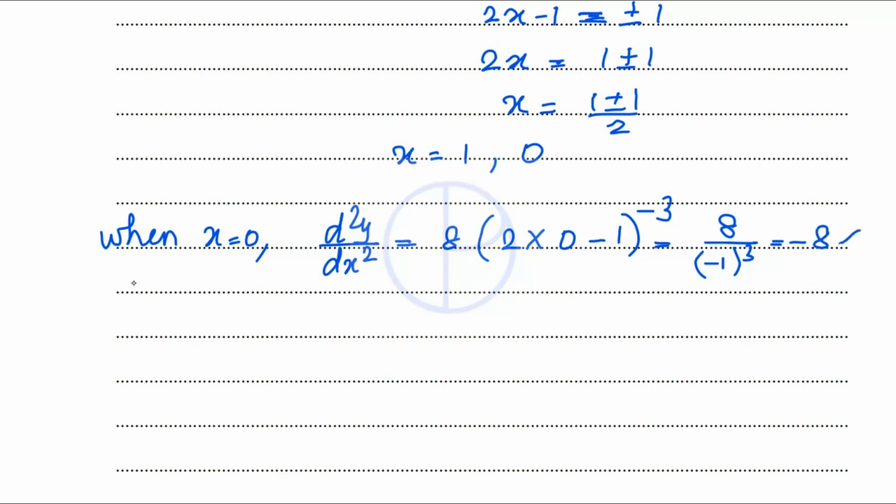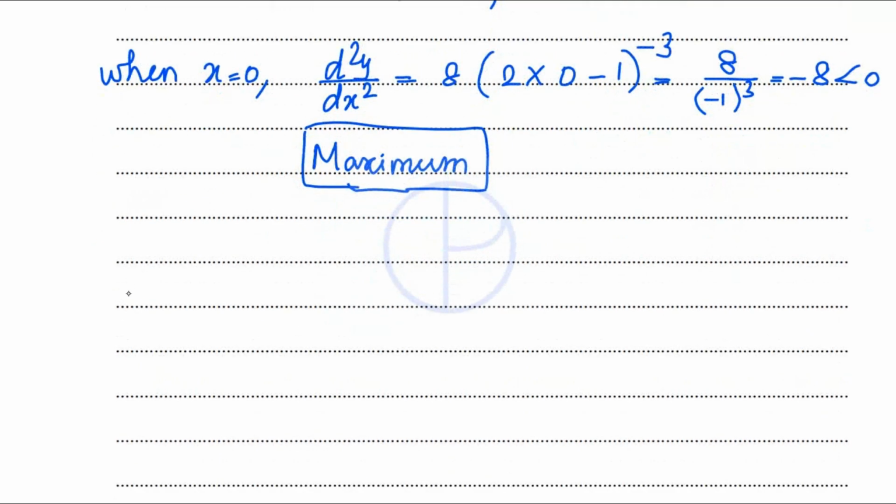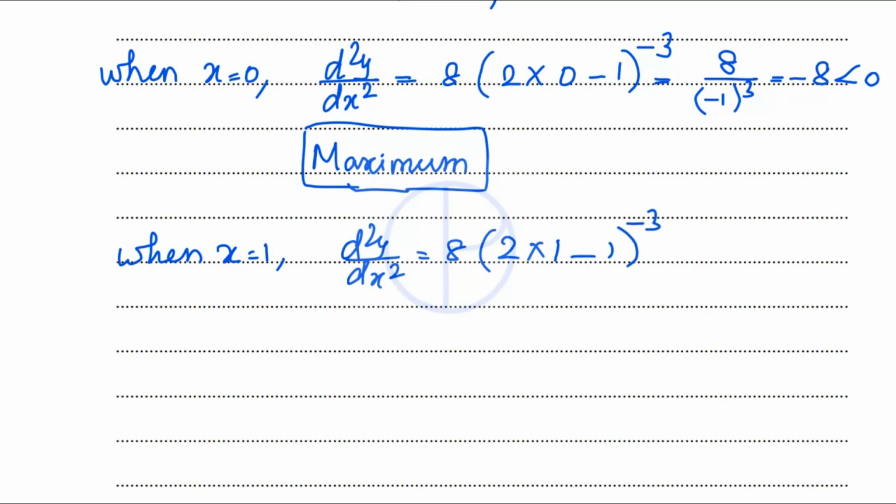Negative 8 means this is less than 0, so this is a maximum. When x equals 1, d squared y by dx squared equals 8 multiplied by (2 multiplied by 1 minus 1) to the power negative 3, which is equal to 8 divided by 1 to the power 3. So 8, this is positive, greater than 0, so this is a minimum.